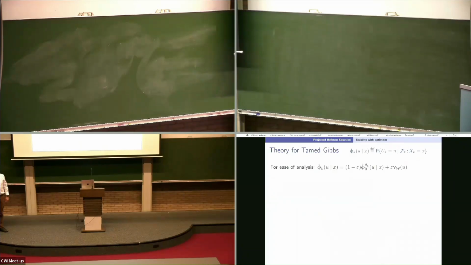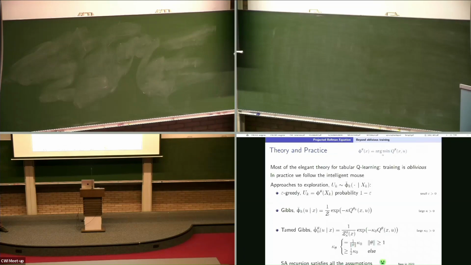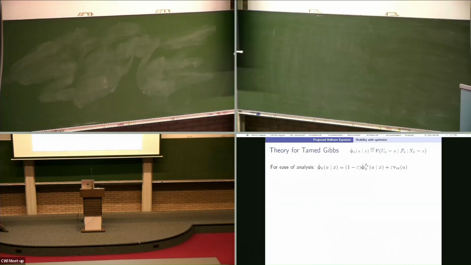Now, step 2. It was really annoying having to deal with getting my greedy exploration from this alone. In the end, it was easy to tack on some extra noise. So I've got this, which is a smooth approximation to epsilon greedy, and I take a convex combination of that and something purely IID and purely exploratory.